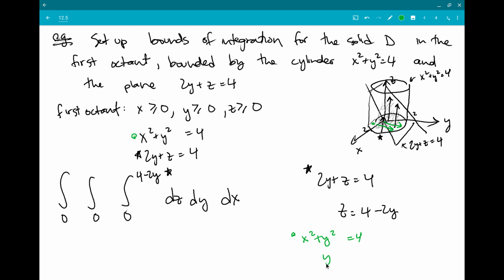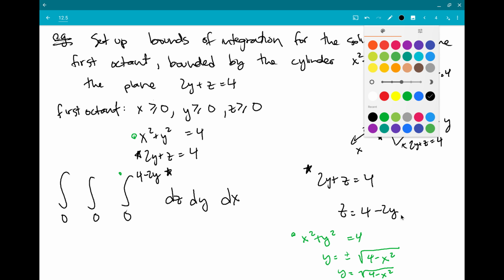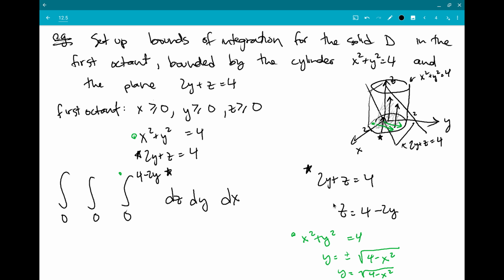That means y is equal to plus or minus square root 4 minus x squared. But the negative root is just the backside of the circle that we actually don't care about because it has negative y. So we are going to pick the positive square root here. And so the upper bound for y is the top edge of that circle, y equals square root 4 minus x squared.